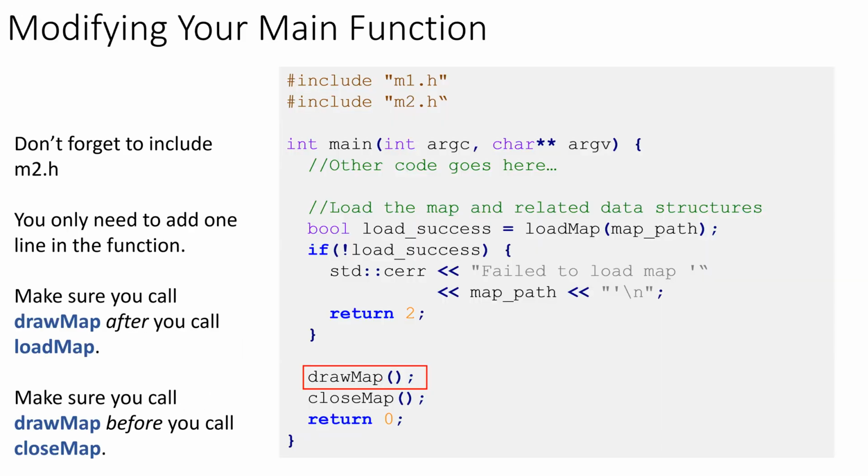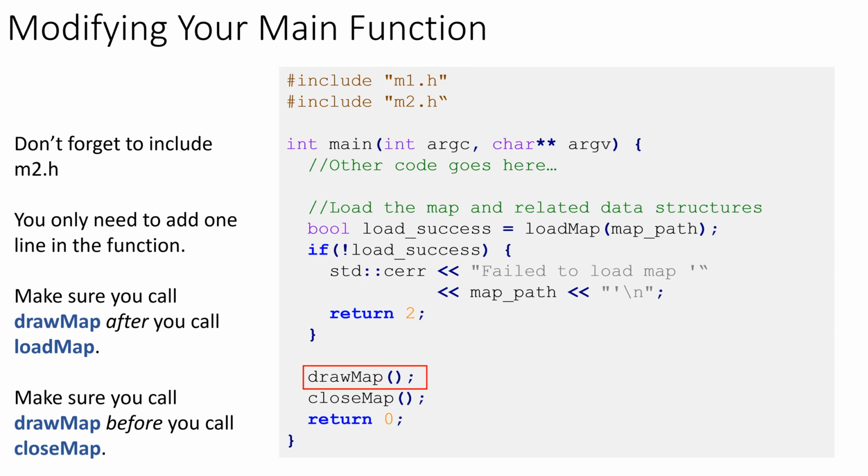Okay, so modifying your main function. In your project, you're going to find a little skeleton file for main.cpp, and your main.cpp can be very simple for this milestone.